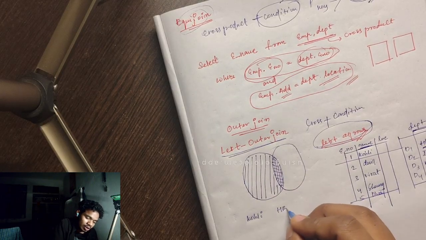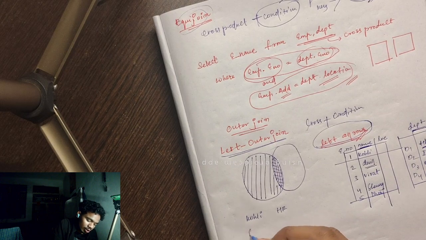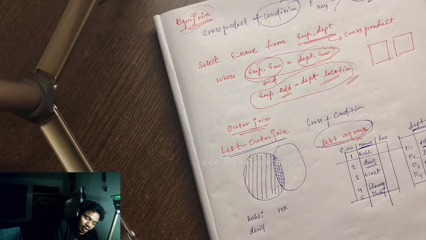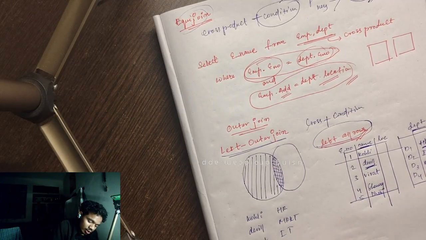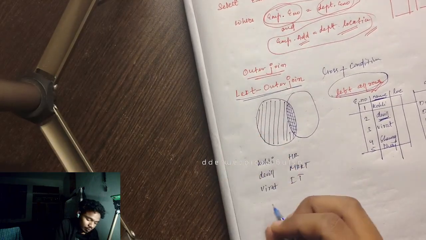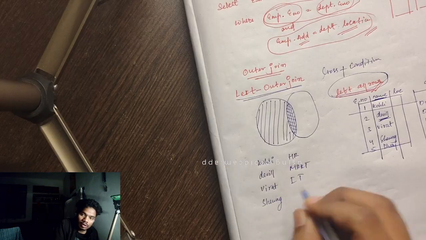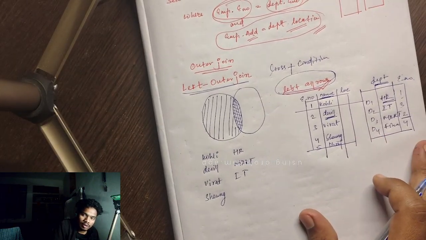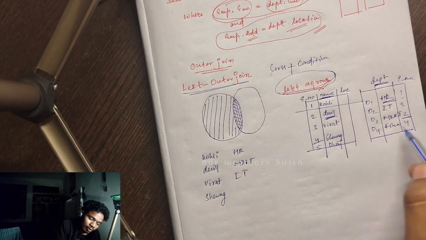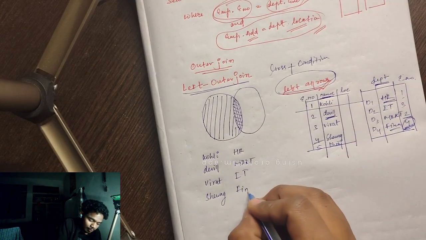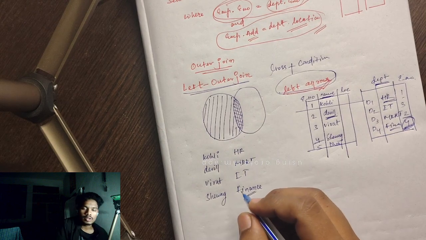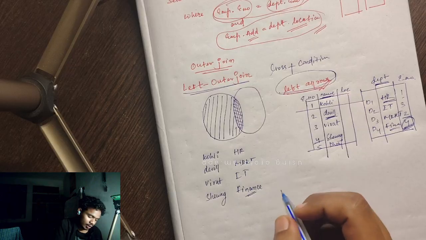De Villiers will come with marketing team. Virat will come with IT team. And Sehwag will come fourth. So where is 4? Here is 4. So he will come with finance team.